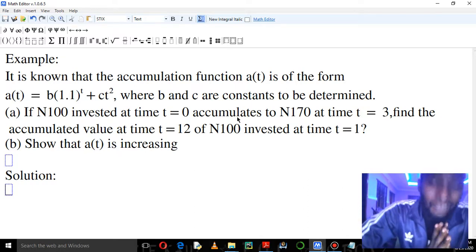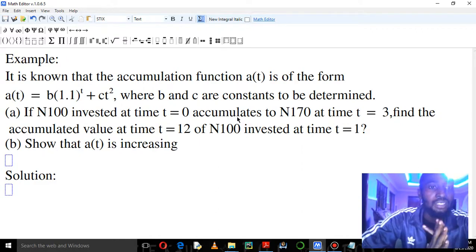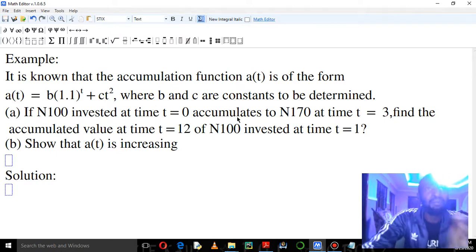From the last two videos, I gave you some properties of accumulation function. I said at t equals 0, our accumulation function is always equal to 1. So now we are using that proposition.